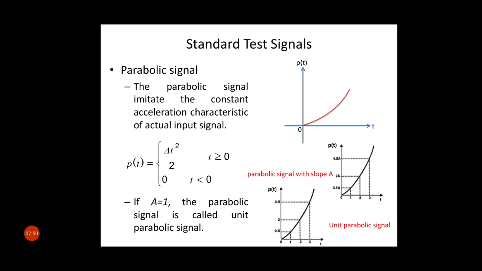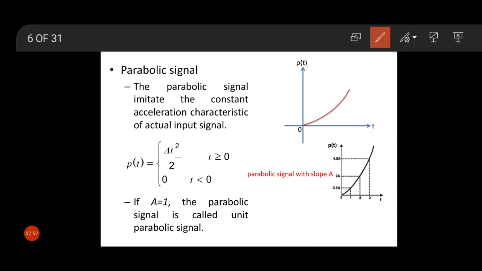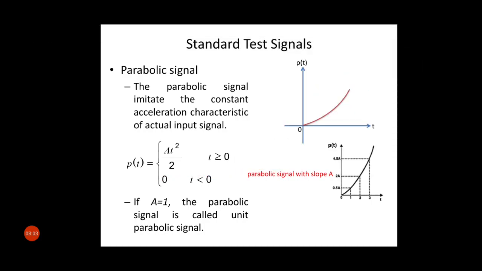So how will we get this shape? This means this parabolic signal, then step signal, then ramp signal or impulse signal. How will we get this type of structure?